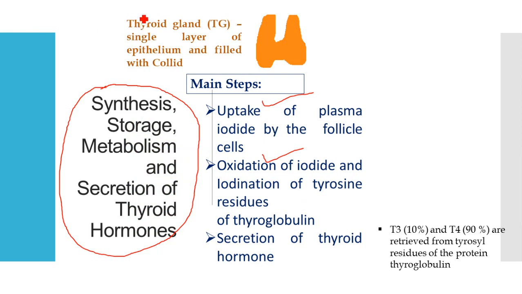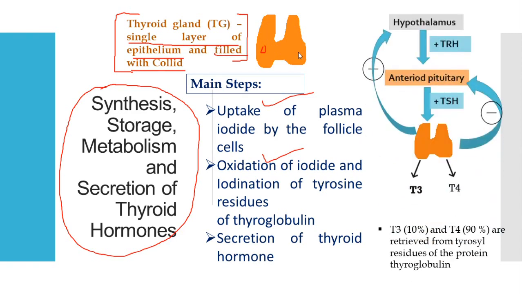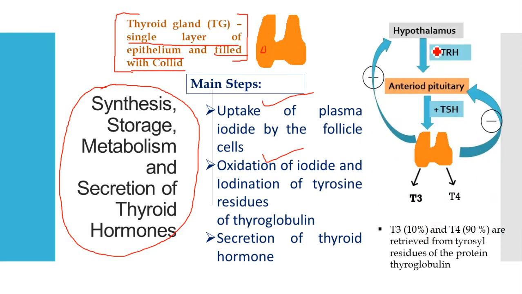When we talk about the anatomy and physiology of the thyroid gland, it is a single layer of epithelium filled with colloidal tissue inside. The release of the thyroid hormones T4 and T3 is mainly controlled by the hypothalamus and the anterior pituitary gland.